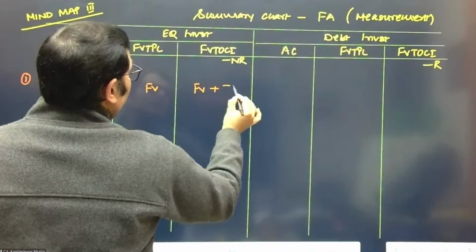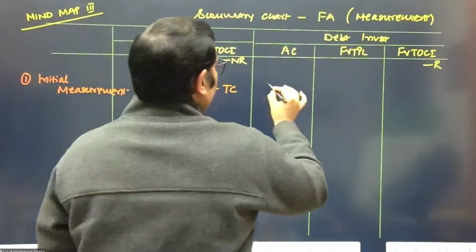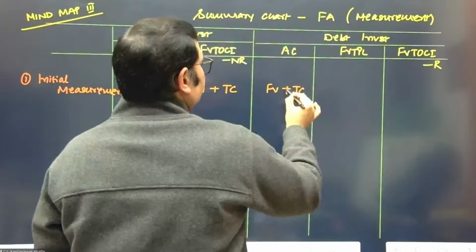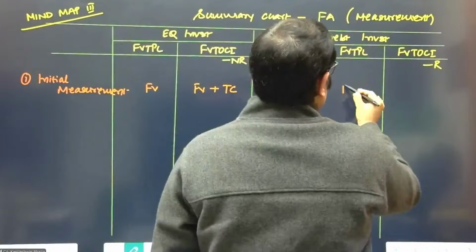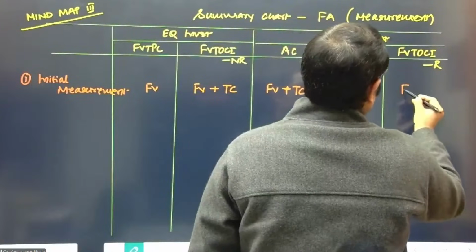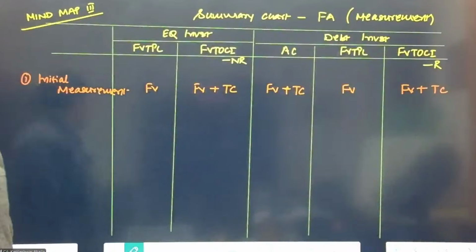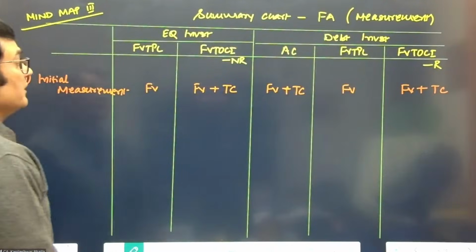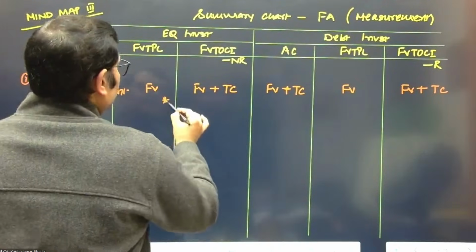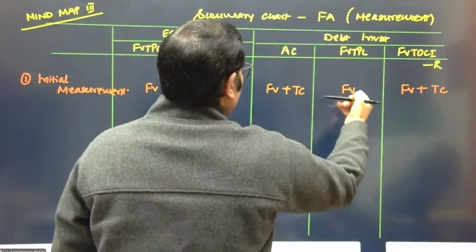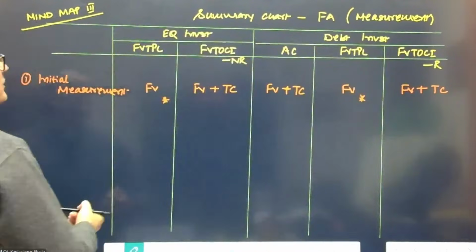This will be at a fair value plus a transaction cost. This will be at a fair value plus a transaction cost. This is going to be at a fair value, and this is again going to be at a fair value plus a transaction cost. So I think the only two cases where you can see that the TC is not taken are FPTPL with a debt or FPTPL with an equity.